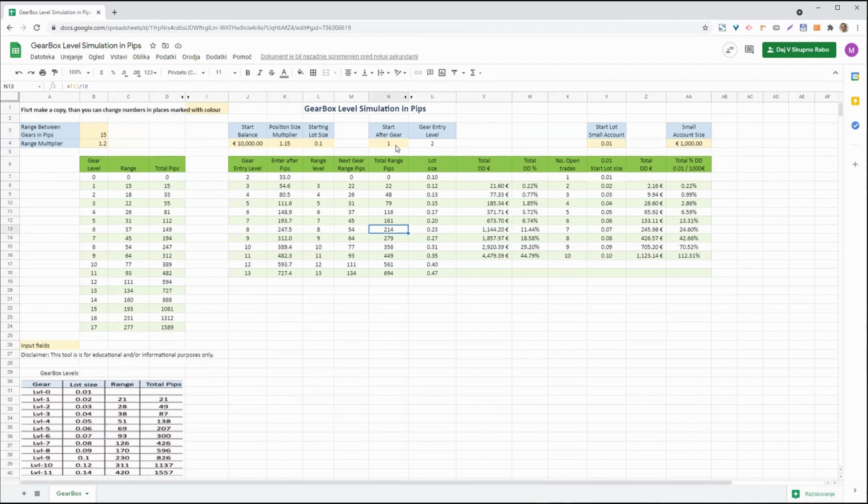So it's a little bit less than if we go the classic way, 21 pip and 1.25. So in this case, you see level 7, we made already 553 pips.